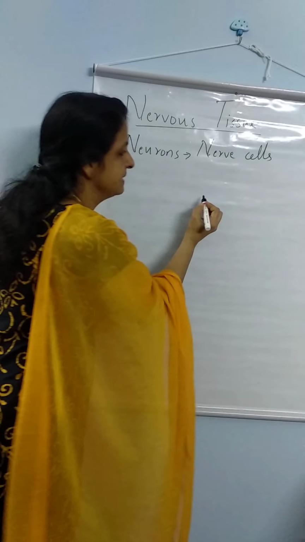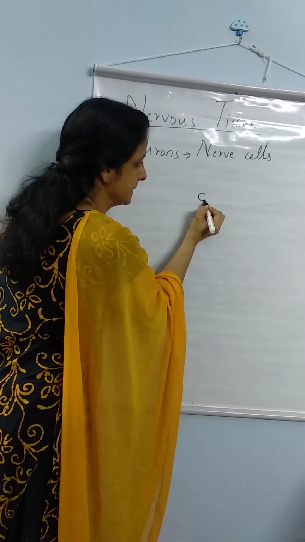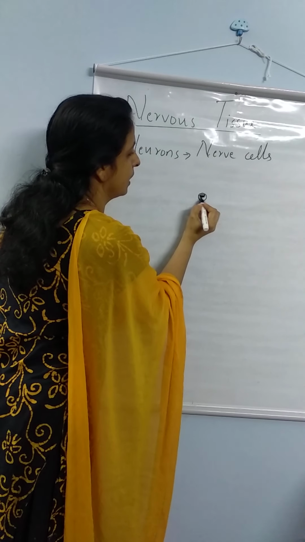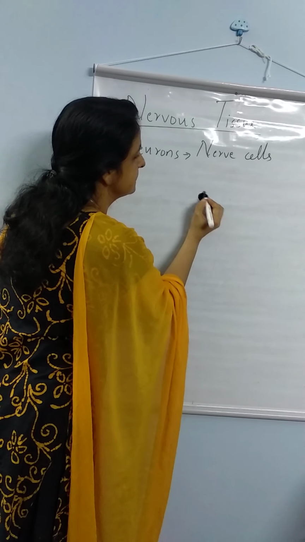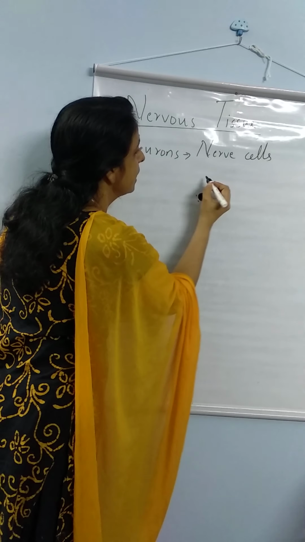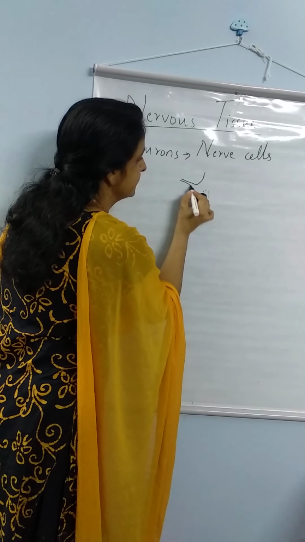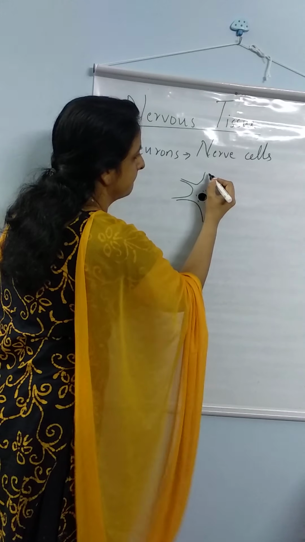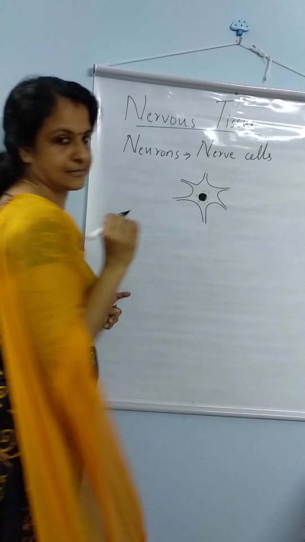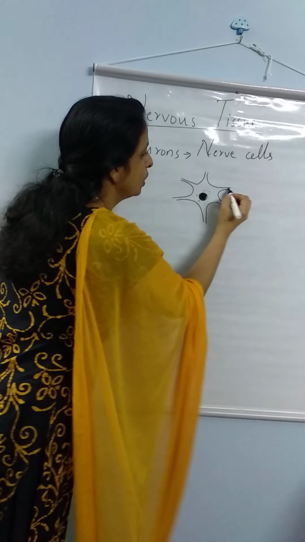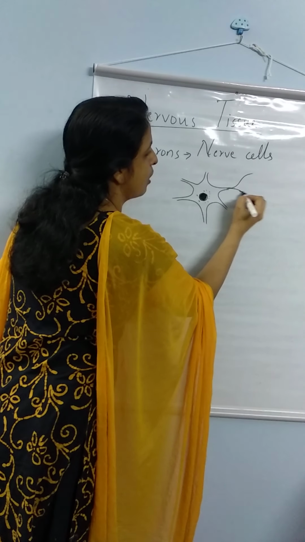See, first we will draw a round like this. Then we will make it a dark structure. Then we will put some dots around. Now all this will be made into small branches.